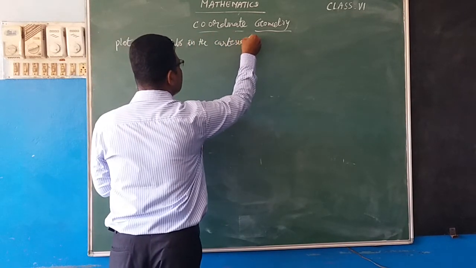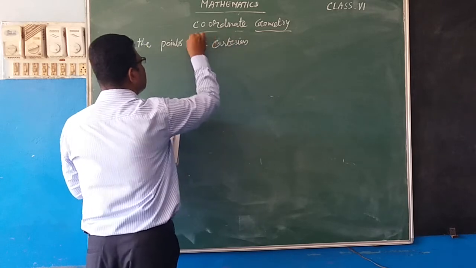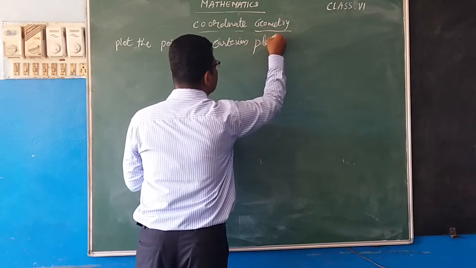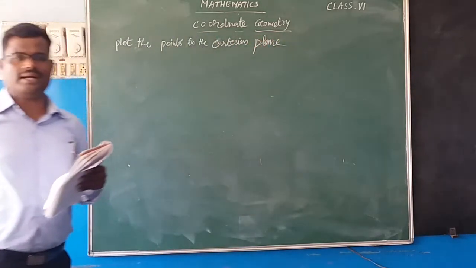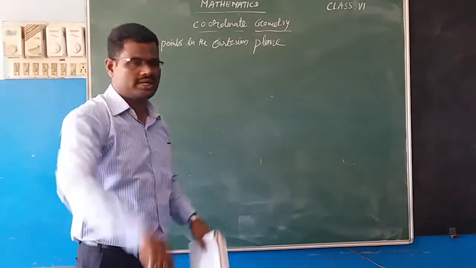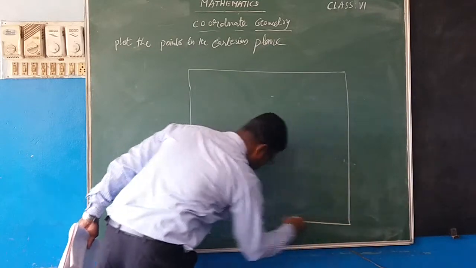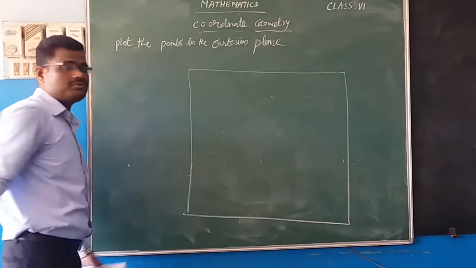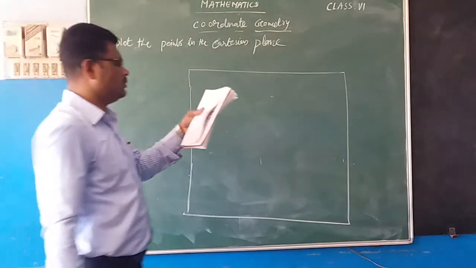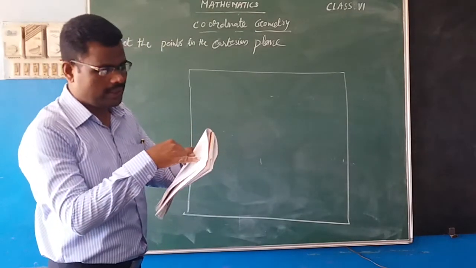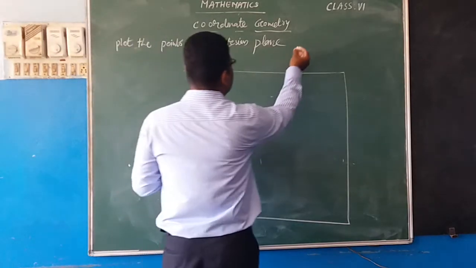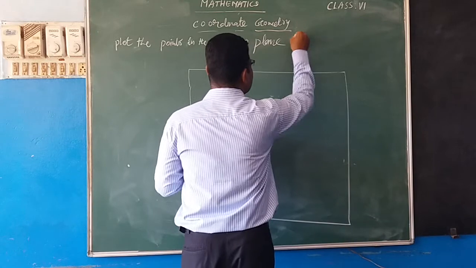What is the meaning of Cartesian? Cartesian means graph sheet. Suppose this is your graph sheet. In a graph sheet, you need to locate the points, where x coordinates and y coordinates are given.